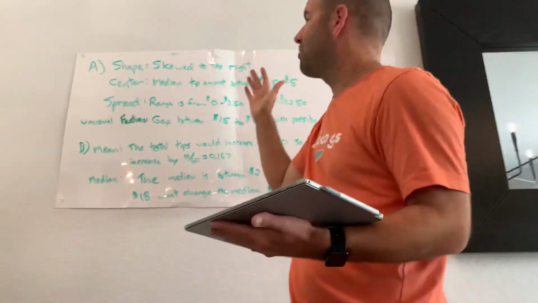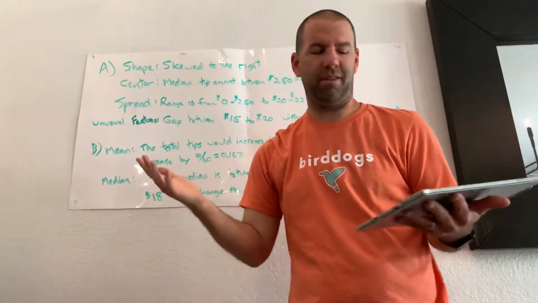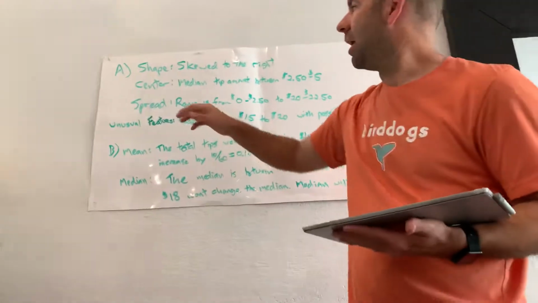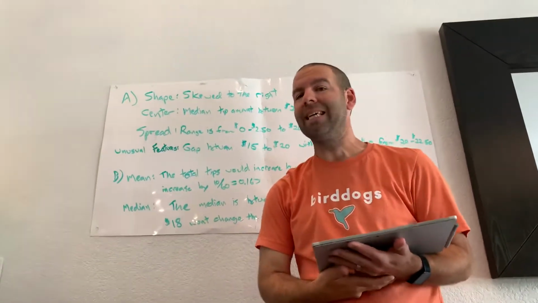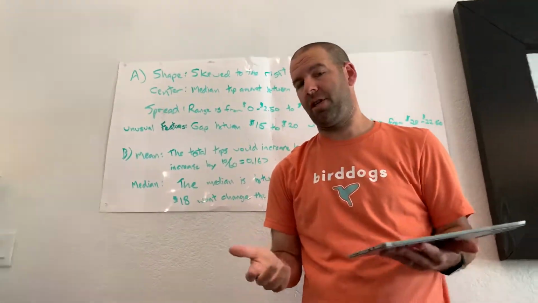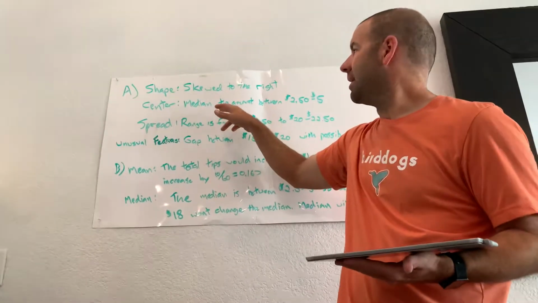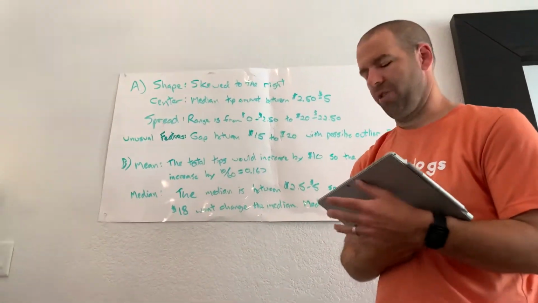The shape is pretty easy there. It's skewed to the right. For the center, whenever the data is skewed, we use the median. If the data was symmetrical, we would use the mean. So the median has a tip amount between $2.50 and $5.